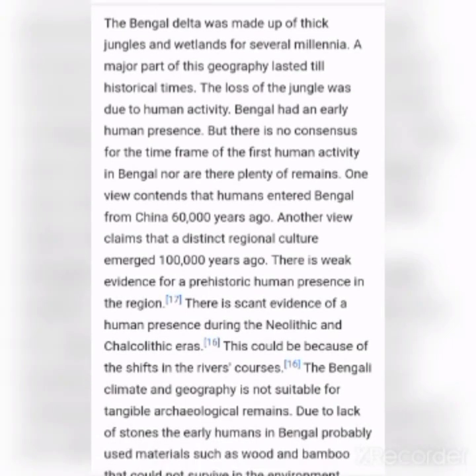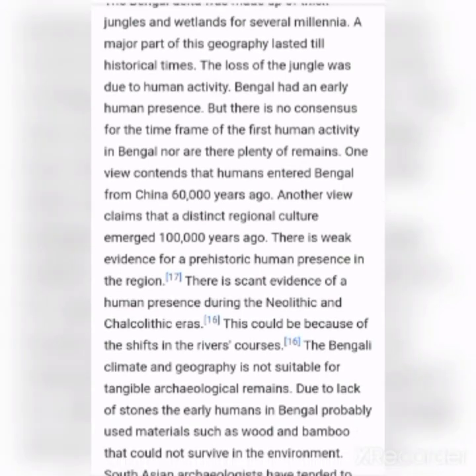One view contends that humans entered Bengal from China 16,000 years ago. Another view claims that the distinct regional culture dates back 100,000 years ago.